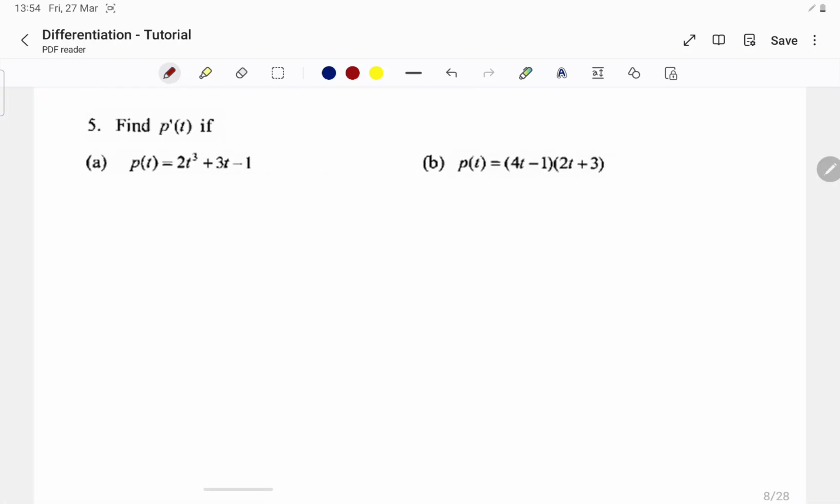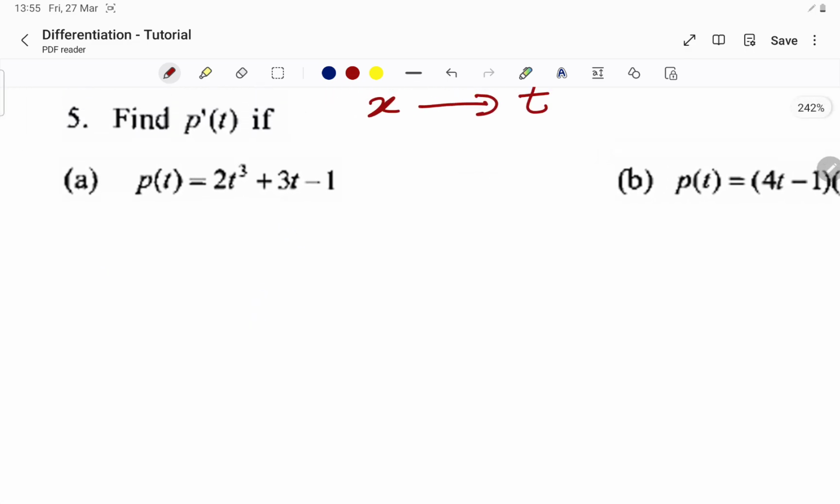Okay, so we proceed to the next question. For question 5, if you see here, we have p prime t, also the same, no? But this time it doesn't use the variable x, they use variable t. So also the same. What you have to do is that you just have to change when you differentiate. Instead of differentiating with respect to variable x, now you have to differentiate with respect to t. Okay, so for question A, p(t) is equal to 2t cubed plus 3t minus 1.